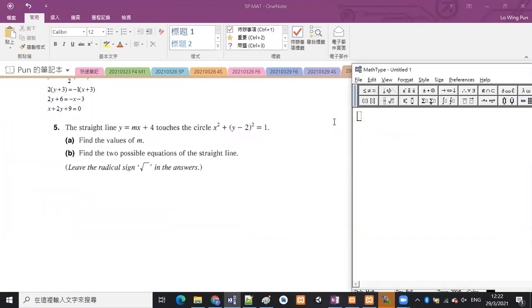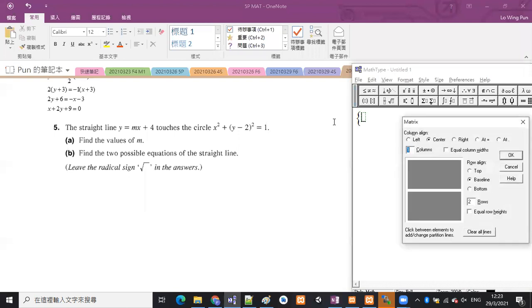Straight line, touch, circle. Touch means how many intersection points? One intersection point means delta should be 0. Okay, but it is about intersection points, so let's start with this.